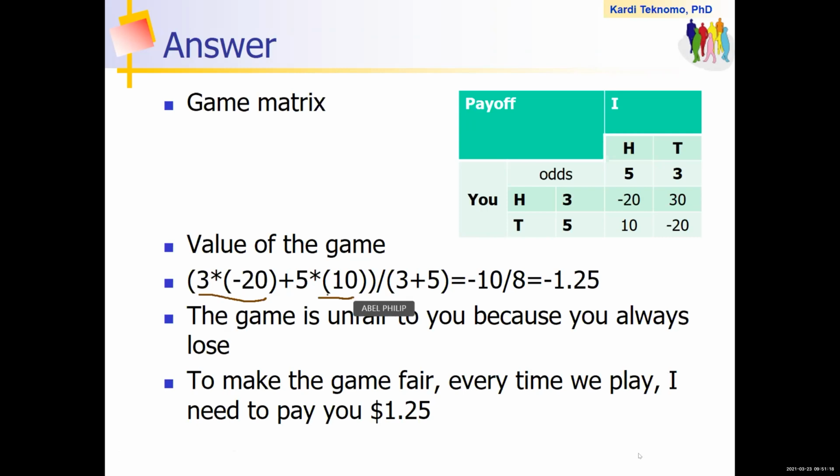Abel is asking why don't we use the 30 and minus 20? Because we're only using this one, right? So the value of the game: 3 times 20 plus 5 times minus 10, divided by 8. That is only for the heads. For the heads. You mean why we did not get the tail?